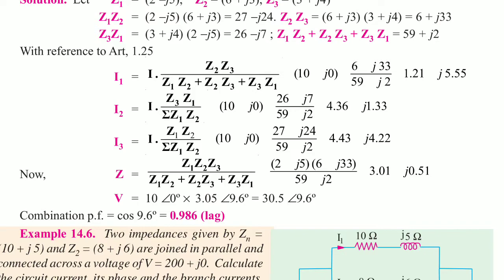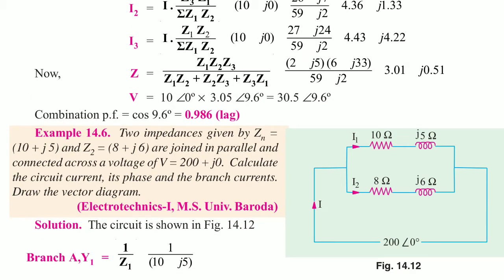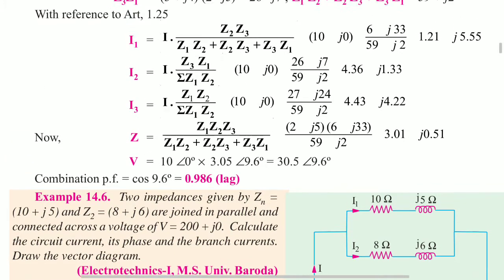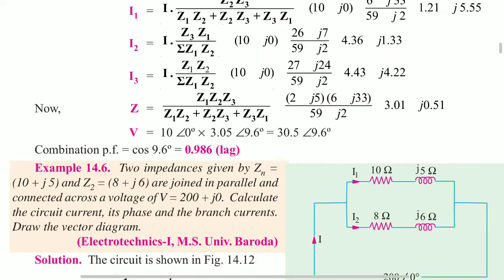The power factor is cos of 9.6, which gives 0.986. Here the combination power factor is 0.986 lagging.